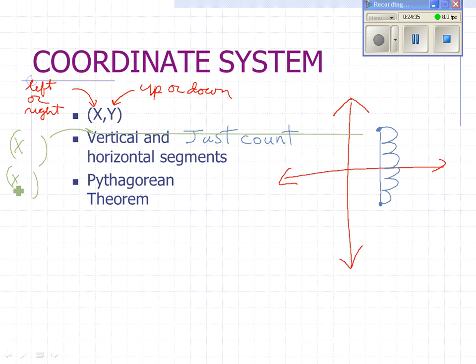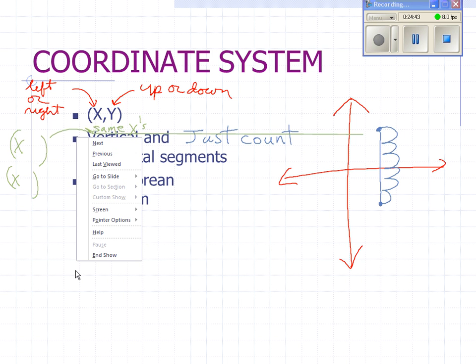So you might just want to write in there, vertical segment, same x's. If it's a vertical segment, you always have the same x's. The two x coordinates will be the same.